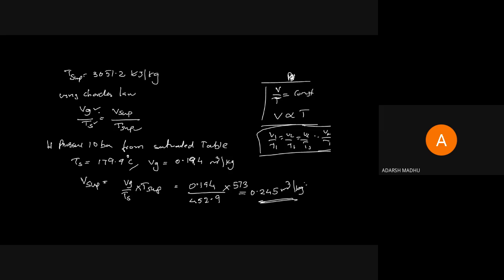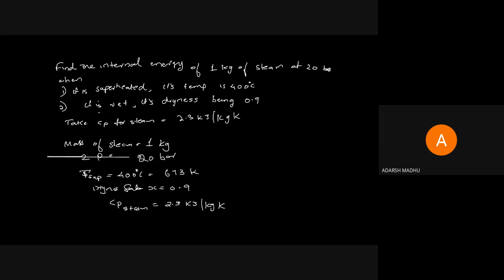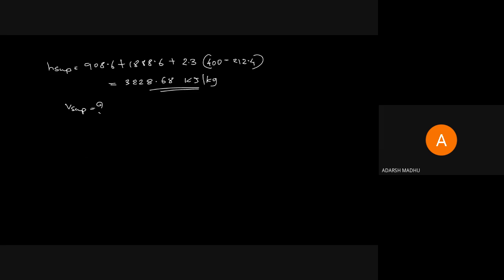From Charles law, we know that V by T is constant. Therefore, Vg by Tg equal to V superheat divided by T superheat.